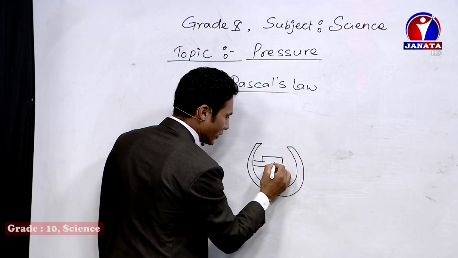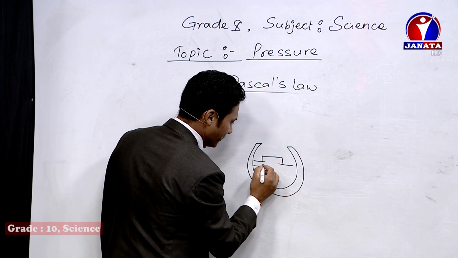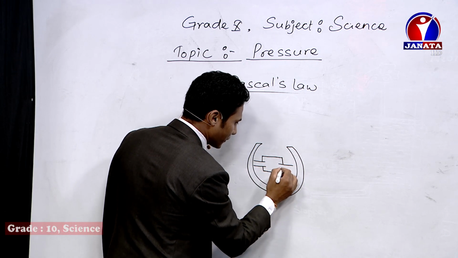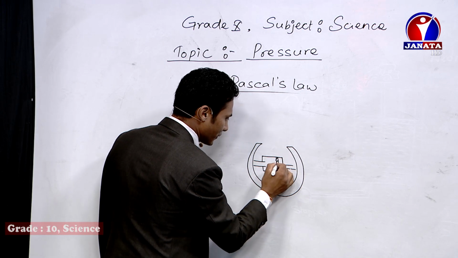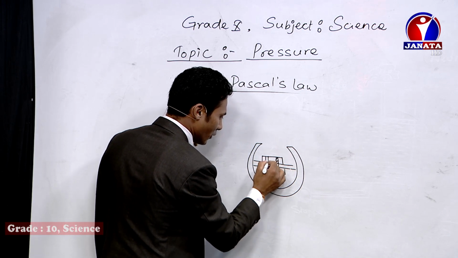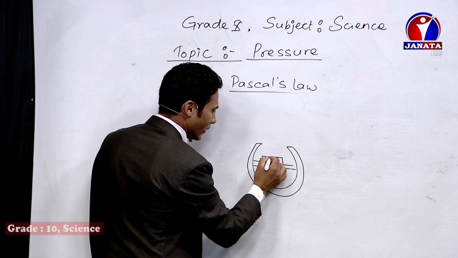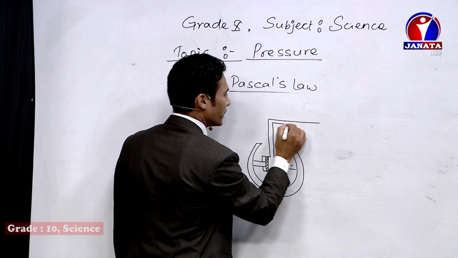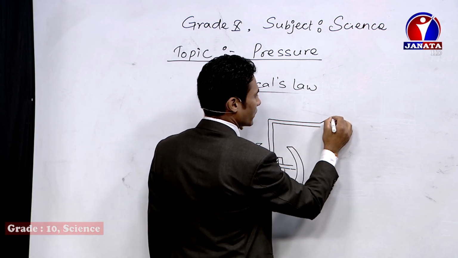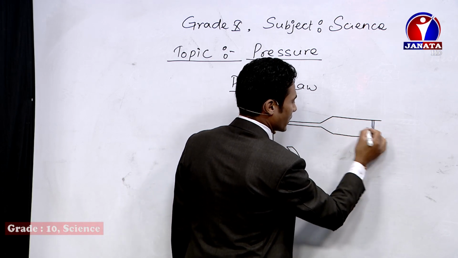The two cylinders are present over there. So this one is a piston, right? This one also is a piston, and from here it is connected with the next piston.